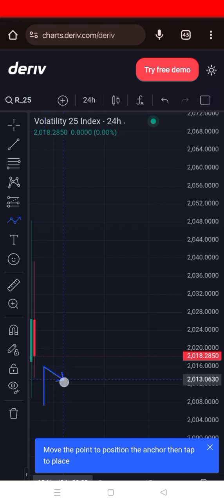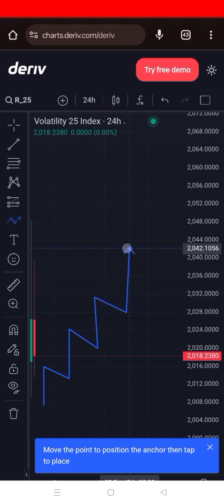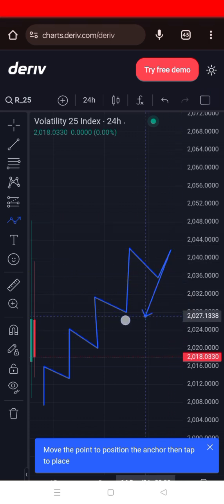Moving on to the next point: whenever the market is moving up, creating the higher highs and the higher lows, and then reaches a point and at once moves down, that's what we call the change of character, or the CHOCH. The market comes down below the area which is our higher low, and then moves down.